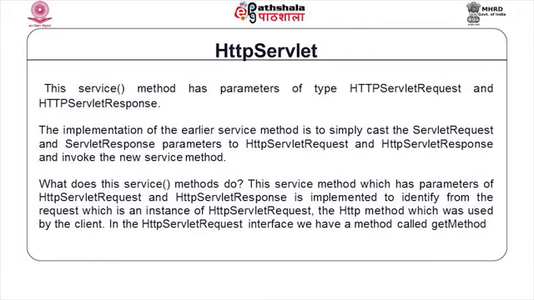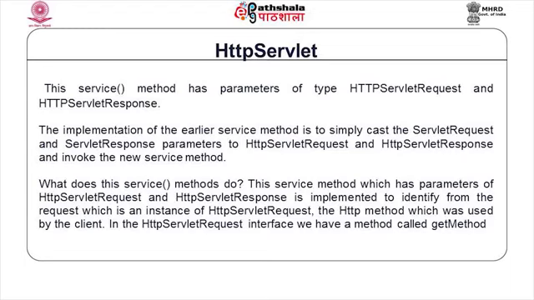This is good, but then what next? What is the code for this? Even this method has some implementation. There is an implementation of this service method which has HttpServletRequest and HttpServletResponse as parameters. We understand that in a request, we have a method.